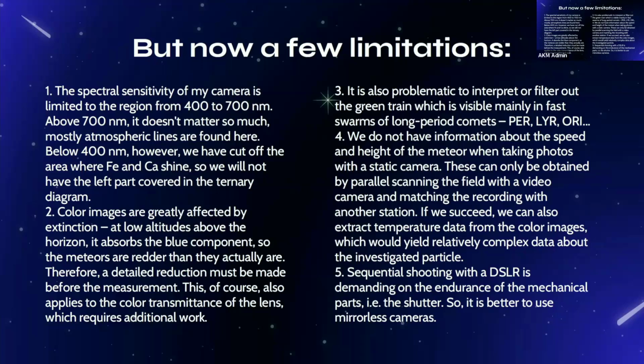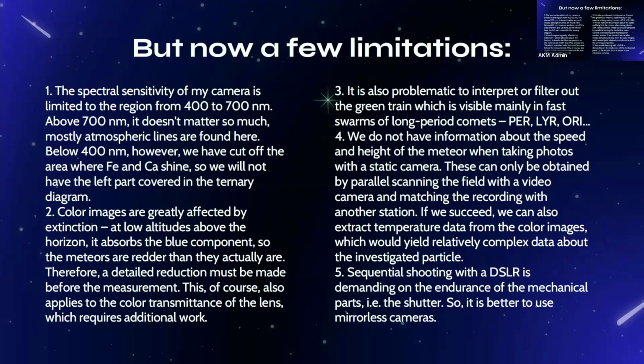Also problematic is interpreting or filtering out the green train, which is visible mainly in fast meteors of long period comets, for instance Perseids, Lyrids, and Orionids, and I think also Leonids. We have no information about the speed and height because the meteors are taken from a static camera.